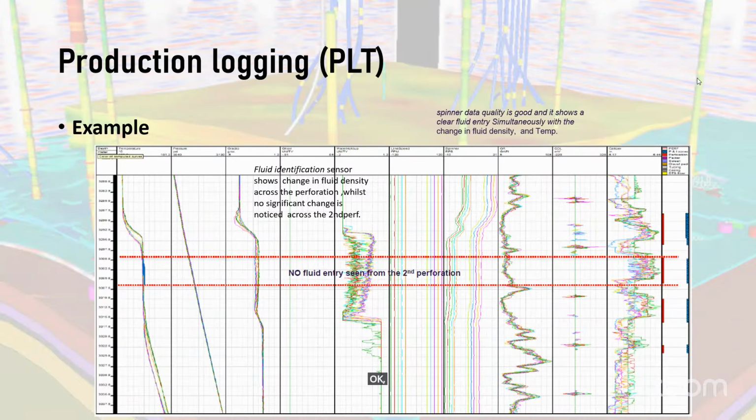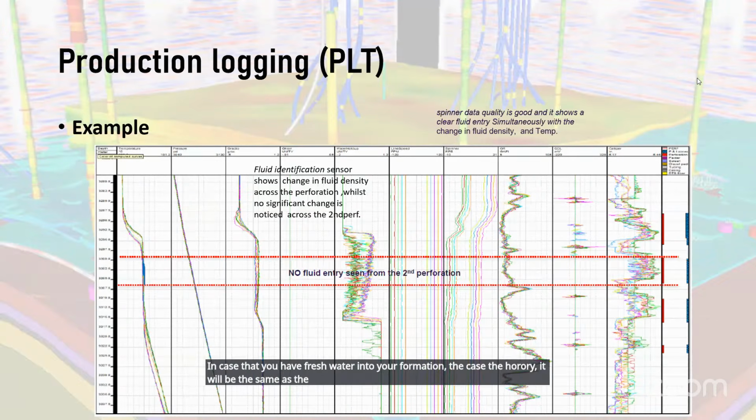Okay, actually it is the case when you have fresh water in your formation. In case you have fresh water in your formation, the cased hole resistivity will be the same as the open hole resistivity, whatever the depletion you have in your reservoir.